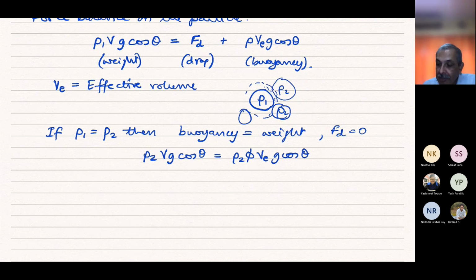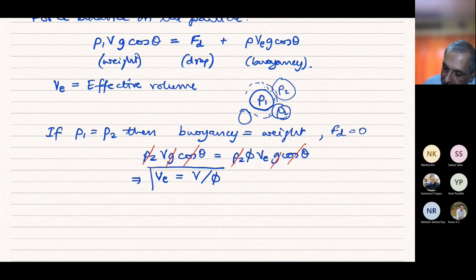So if we take this limiting case, you can see clearly that everything will cancel out over here. Rho2 cancels, V doesn't cancel, but g cancels and cos theta cancels. And so we are finally left with just that V effective is nothing but the actual volume divided by phi. So here is our final result.